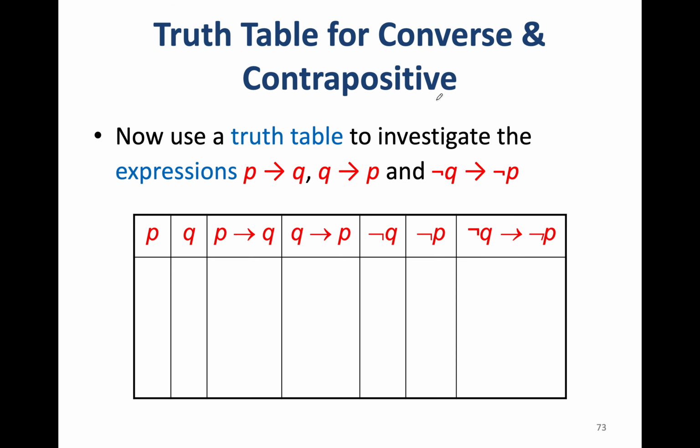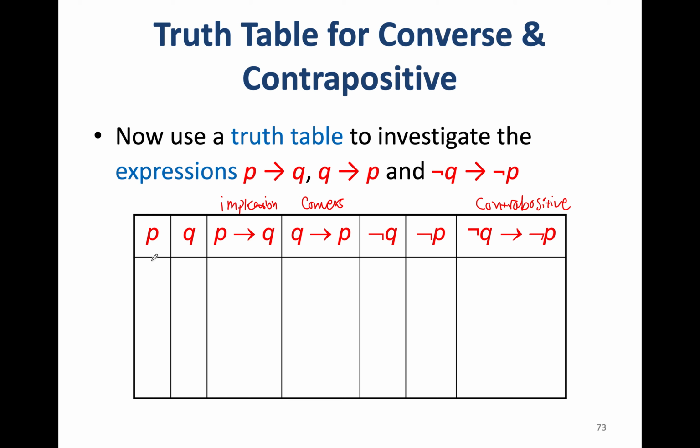Let's summarize the implication, converse, and contrapositive in a truth table. We'll create a truth table that has two propositions, P and Q. Then we will find the implication, then we will see the converse and the contrapositive. All right.